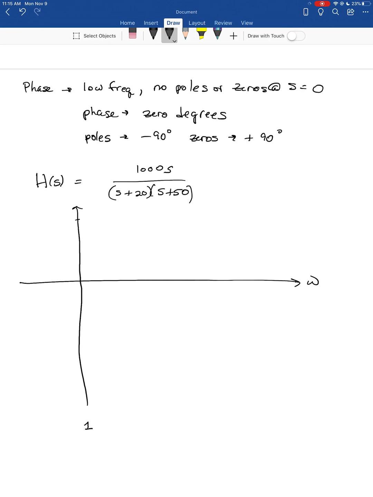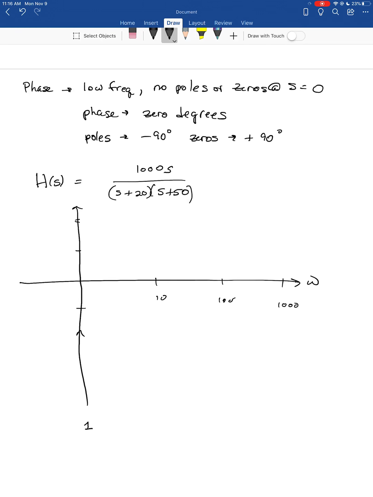So let's make this omega equals 1 again, and 10, 100, 1000. Once again, we won't worry about the labeling of the vertical axis, realizing it's in units of 20 dB per decade.